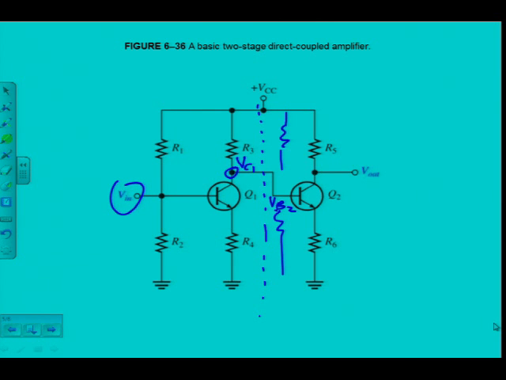So the first stage VC provides VB of my second stage because there's no capacitor that blocks the DC. In other words, there's going to be no voltage divider. It's just directly coupled, and the first stage provides the voltage here for the second stage. So VC1 is going to be equal to VB2.